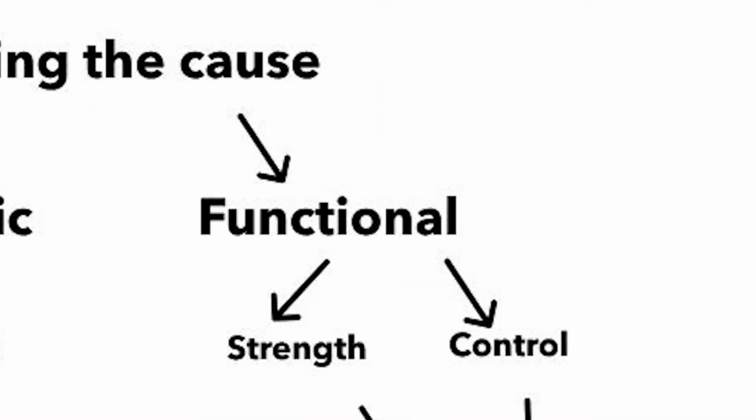The functional model is one where we have to decide whether the problem is either a control-based issue or a strength-based issue. And when we have that conundrum, we have to decide, is it that the joint doesn't move enough? Is it that the joint isn't stable enough? Is it that the joint needs other areas to also function in order for it to not be so overloaded?